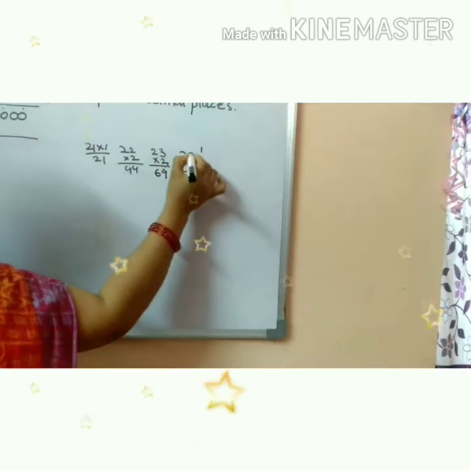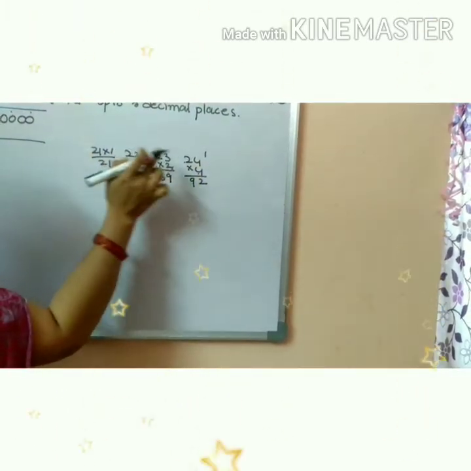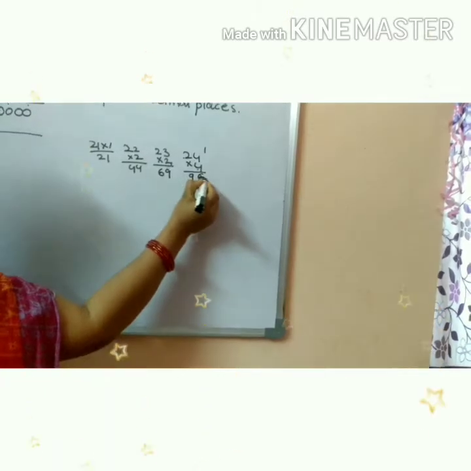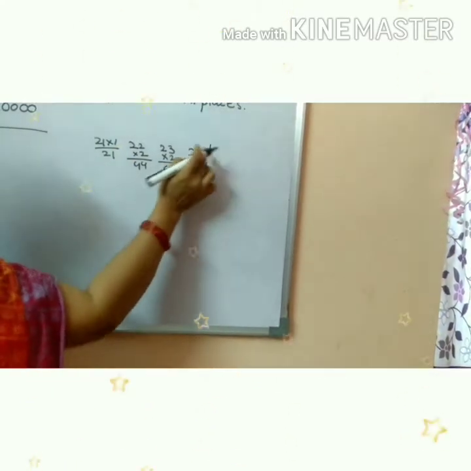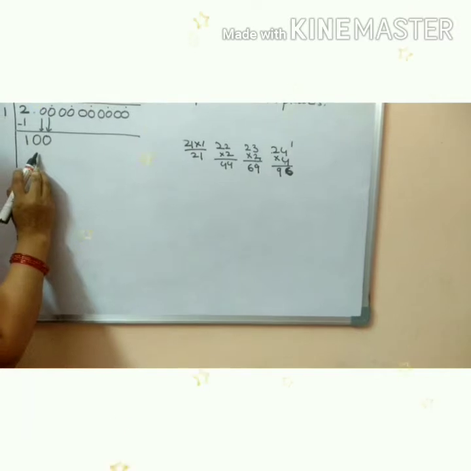So write the 24. Here 21, 22, 23, 24. 4 4s are 16, and 2 4s are 8 plus 1, 96. So the nearest number is 196.